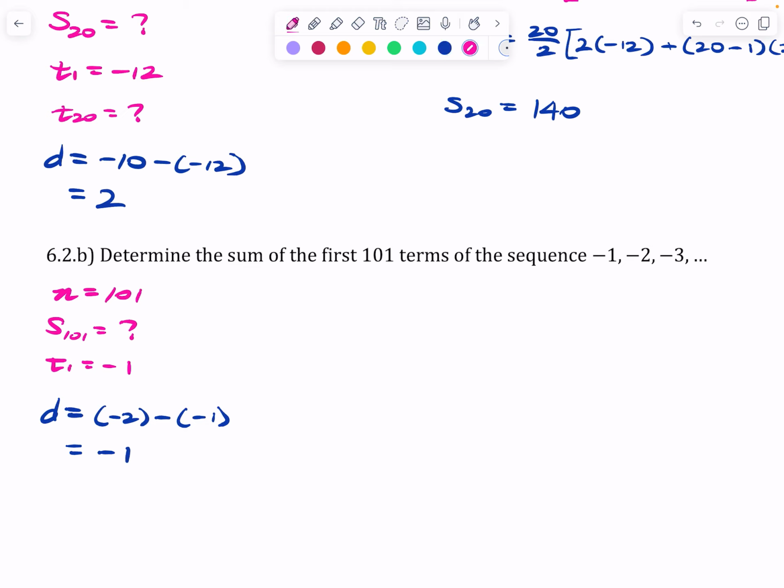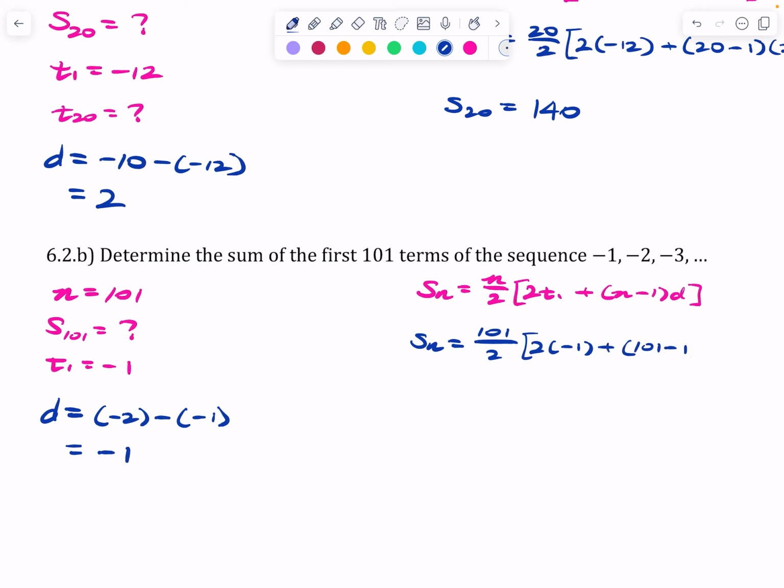Just like the previous example, Sn is n over 2 times 2t1 plus n minus 1 d. And we can substitute into that. N is 101. Term 1 was negative 1. And d was negative 1 as well.